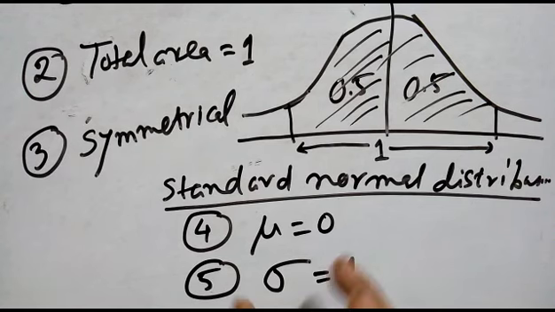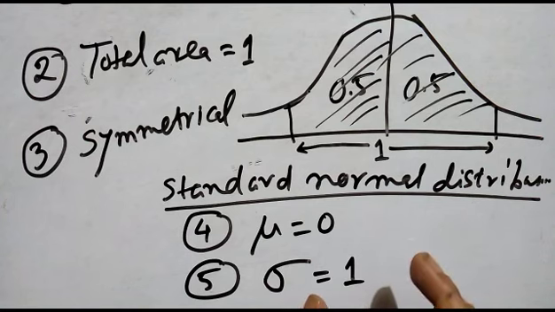Clear? So its mean is 0 and sigma, that means standard deviation, is 1, always in the case of standard normal distribution.